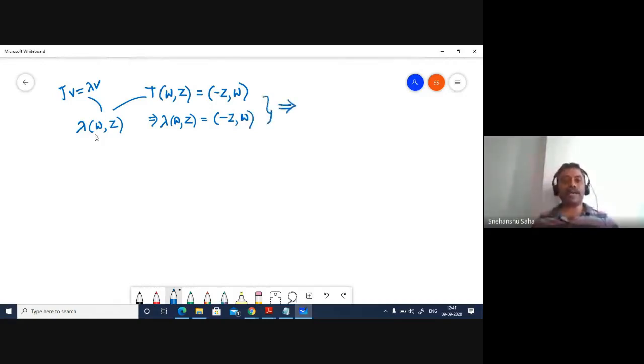Because both of these are column vectors, I can just equate component-wise, right? So this is lambda W is equal to minus Z, and lambda Z is equal to W. Am I correct? Okay. So what I can do is simply multiply these two equations.